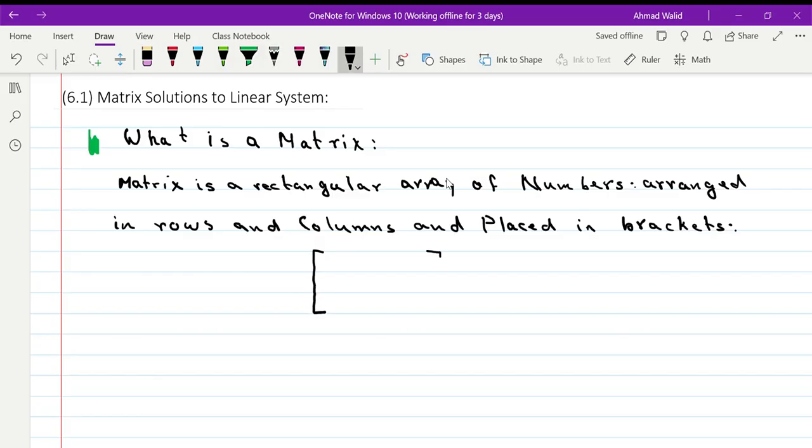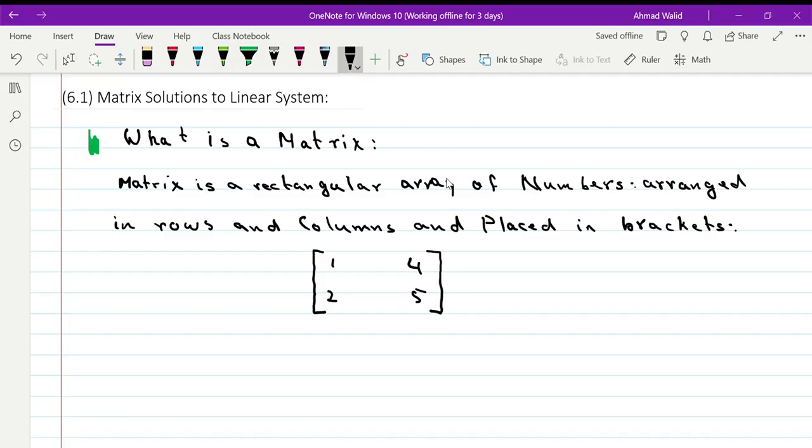When I draw this bracket, and if I place numbers in it, for example, 1, 2, 4, 5, this construction or this model represents a matrix.